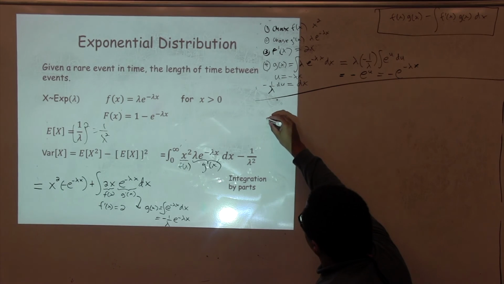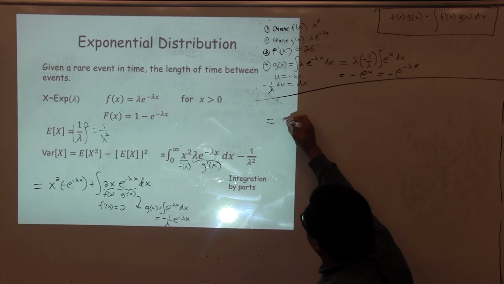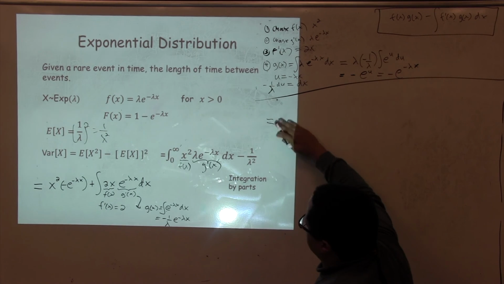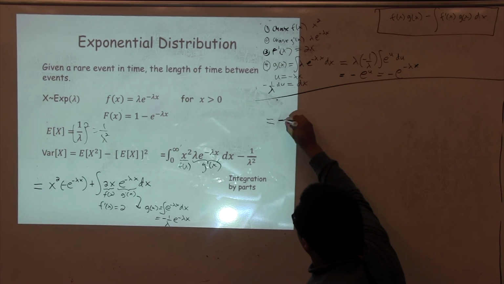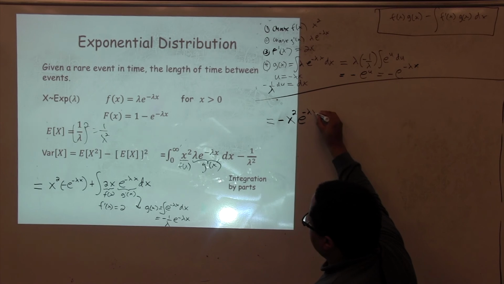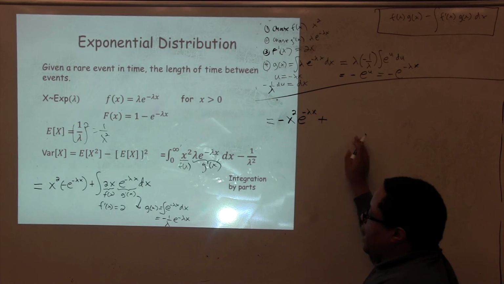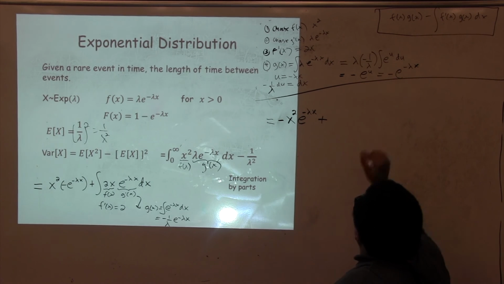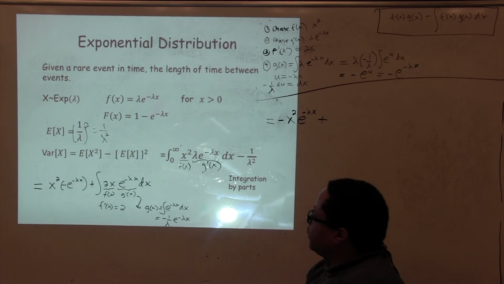So we have, give us lots of space, minus x squared e to the minus lambda x plus, okay, so f of x times g of x, that's our prescription up there for integration by parts.